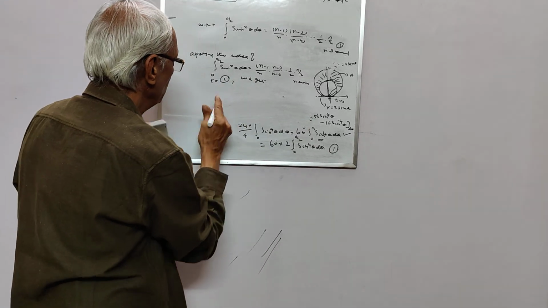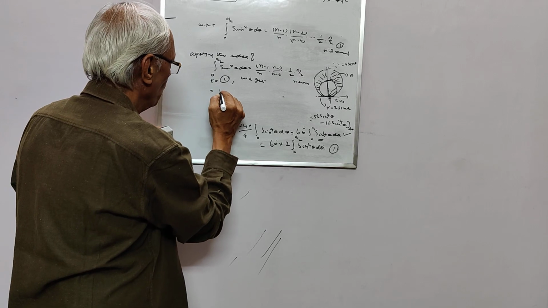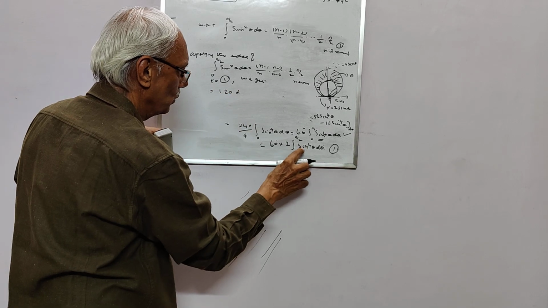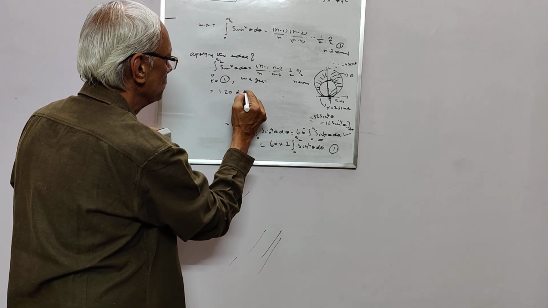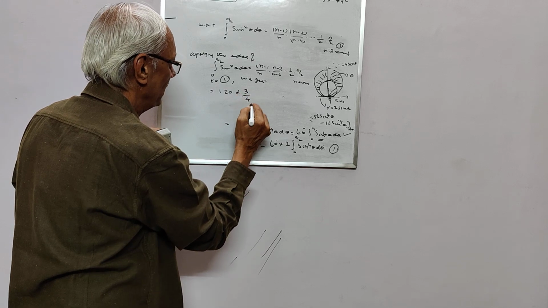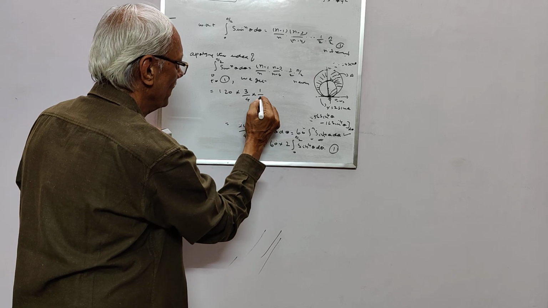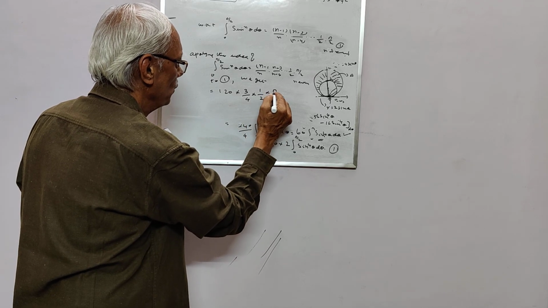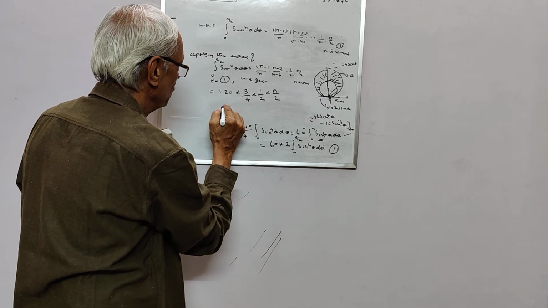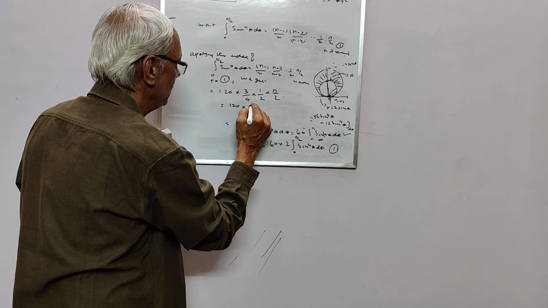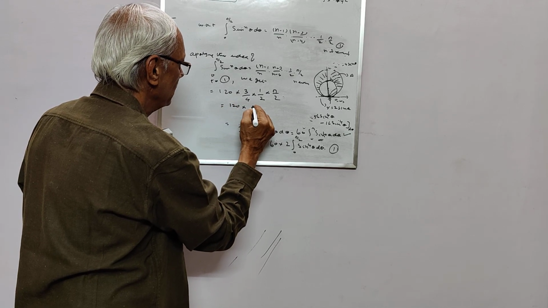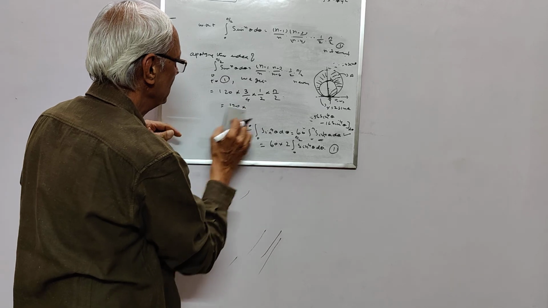So this will be equal to 12 into, what is here? 4 minus 1 is 3 divided by 4, then 4 minus 3 is 1, divided by 4 minus 2 which is 2, into pi by 2, because n is even. So we get 12 into, let me cancel here itself.